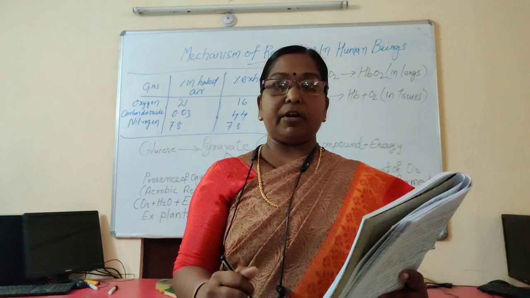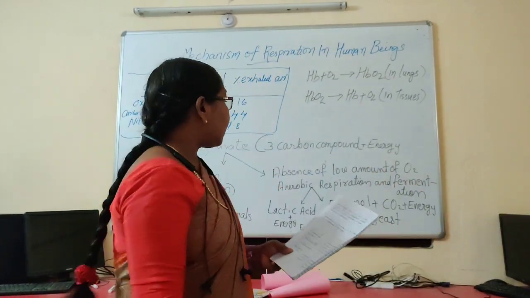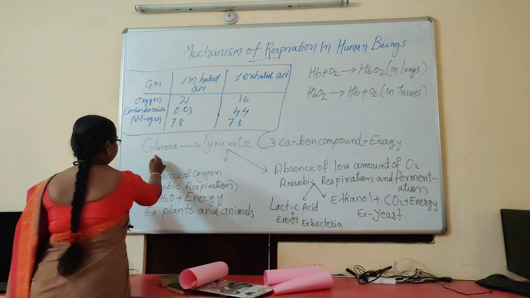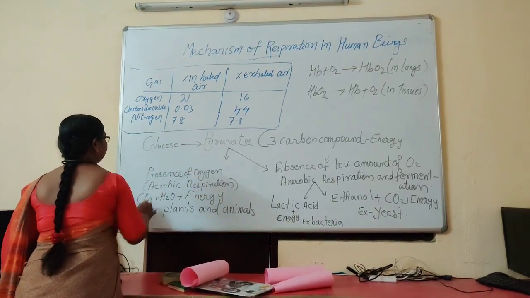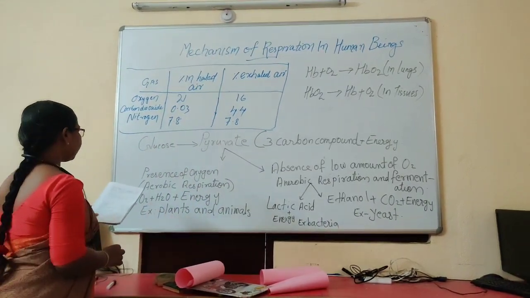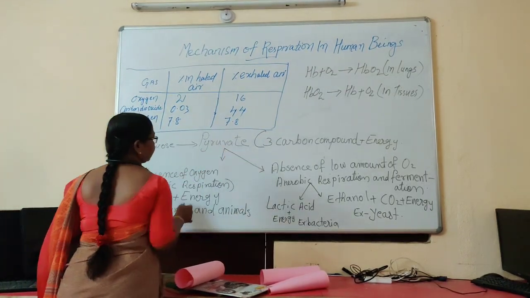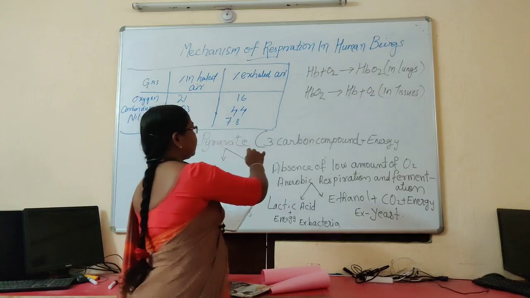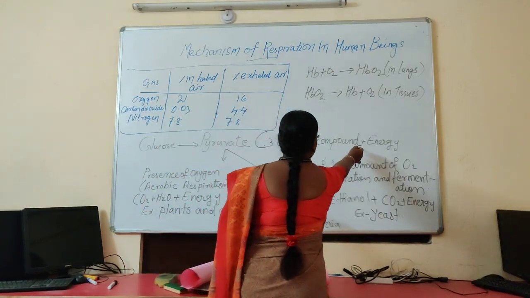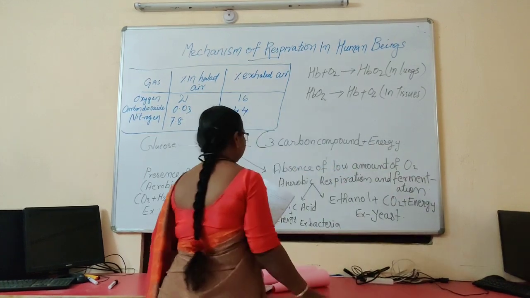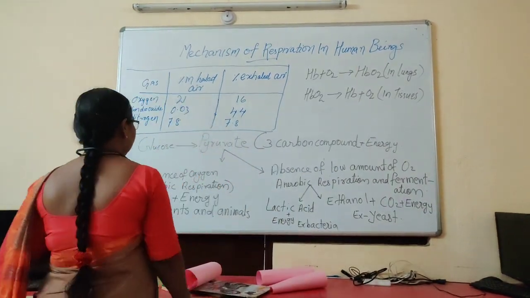That equation I will show. I write it on the board. Here glucose undergoes a series of reactions. The glucose is converted into pyruvate. Pyruvate means a 3-carbon compound, and energy is released.